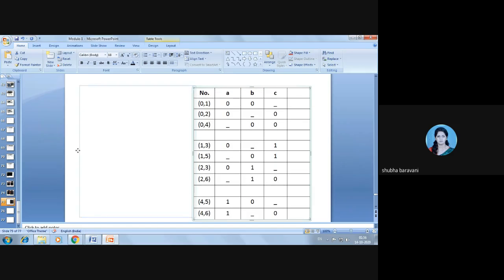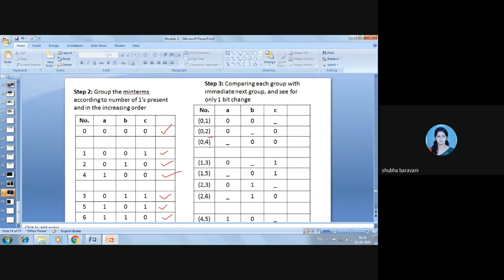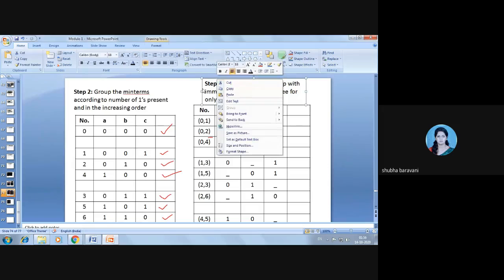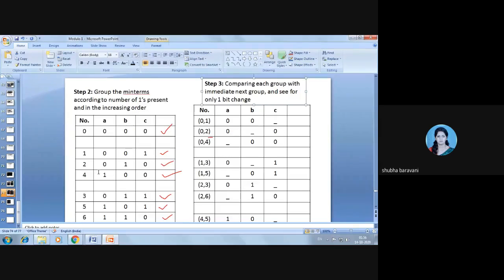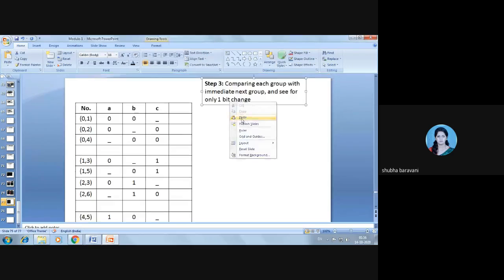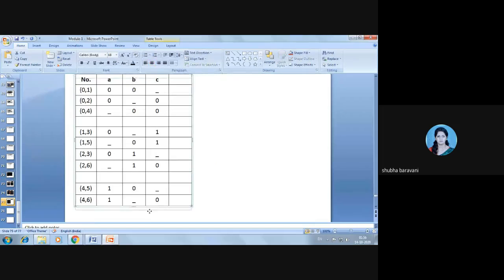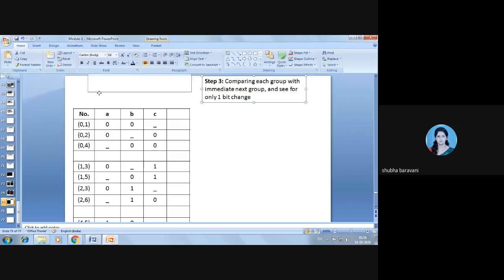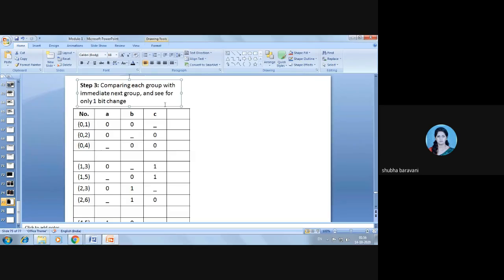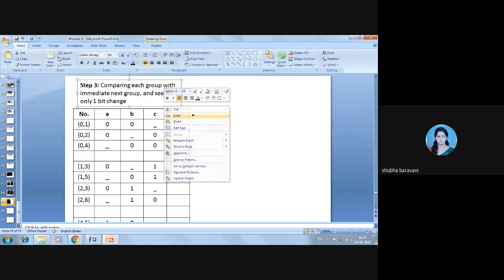Okay, I'm taking this table from step 3, because I want to compare. So I'll take this table from step 3. Okay, this is my step 3. Now step 4.